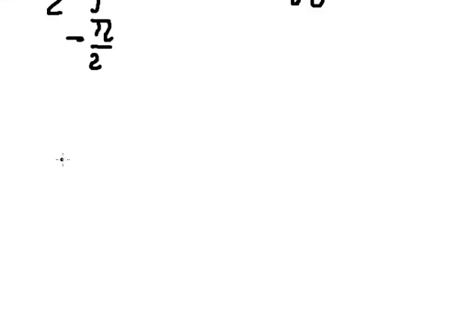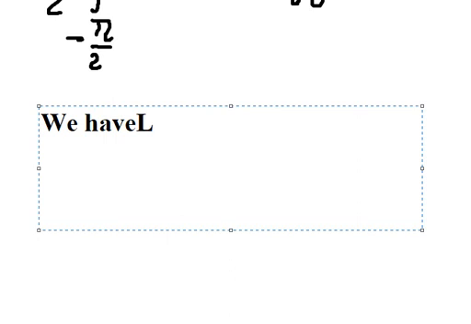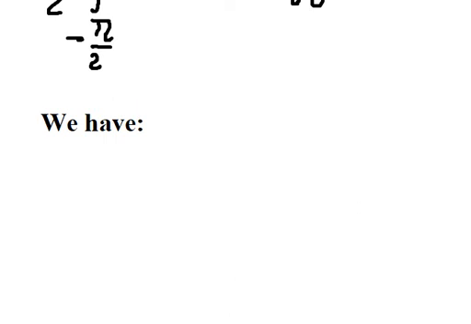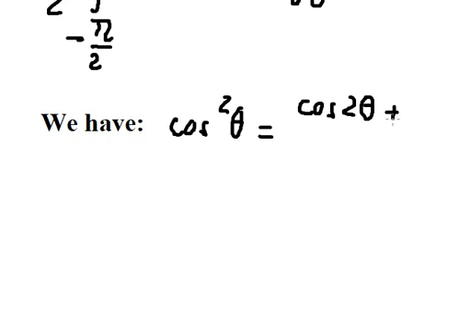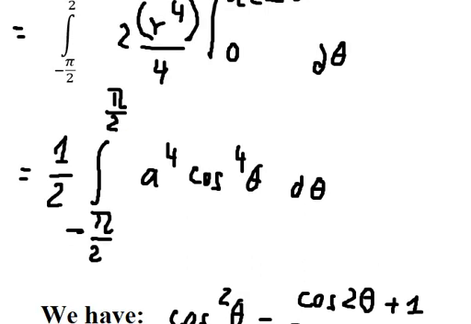Next, we have the formula in here. Cosine squared theta, we can change into cosine 2 theta plus 1 over 2. So this one is about cosine theta to the power of 4. This one is about number 2. That means we will have like this.